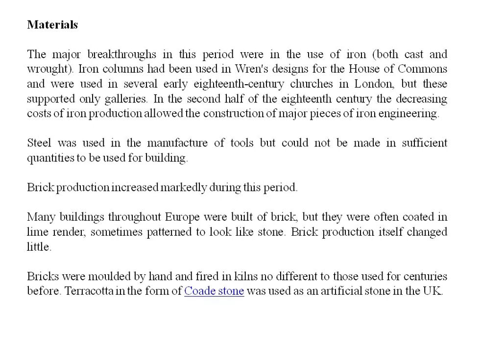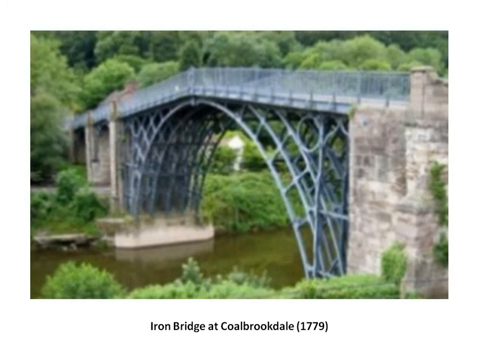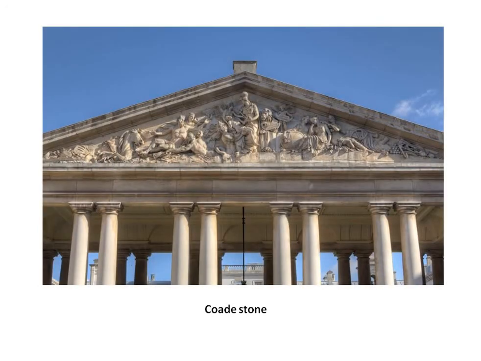Bricks were molded by hand and fired in kilns, no different to those used for centuries before. Terracotta in the form of cored stone was used as an artificial stone in the UK. This is the Iron Bridge at Coalbrookdale, 1779. This is the cored stone.